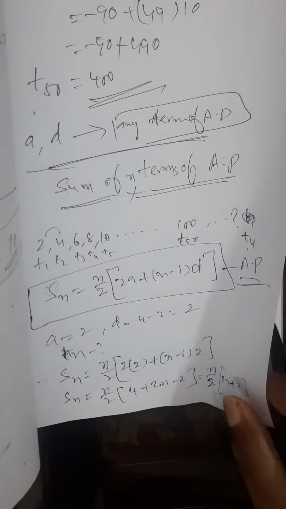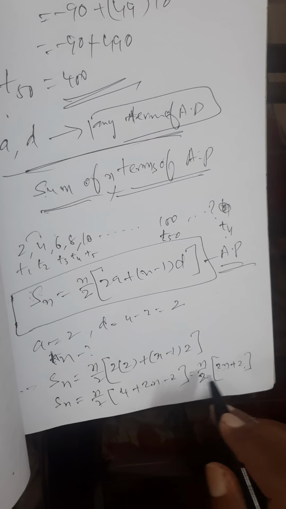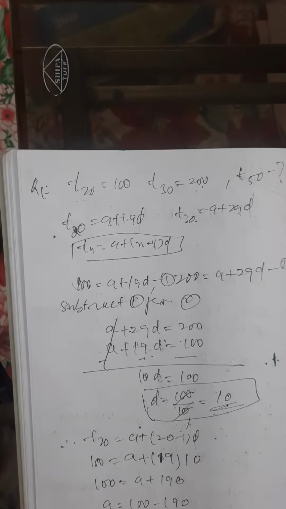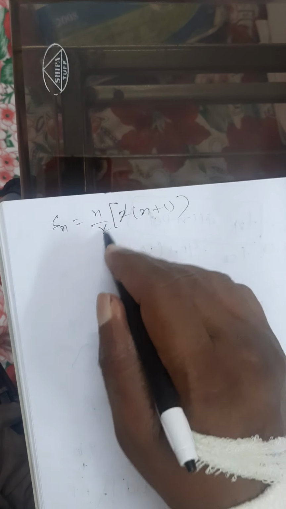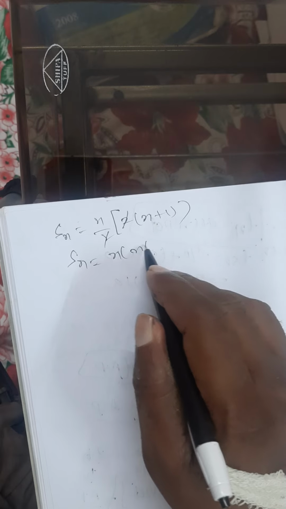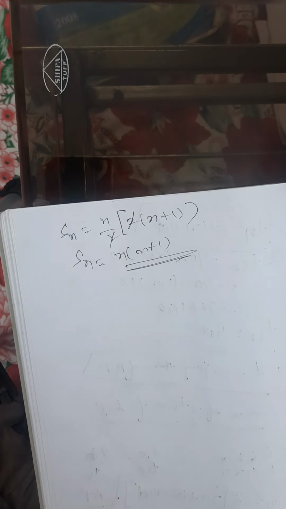That 2 cancels with the 2 in the denominator, so you get Sn equals n times (n plus 1). This is the sum to n terms of the series.